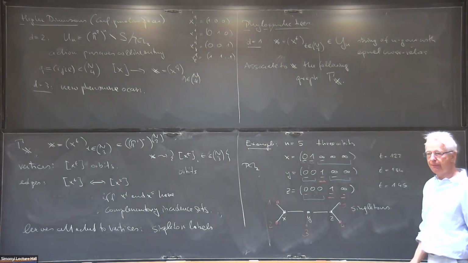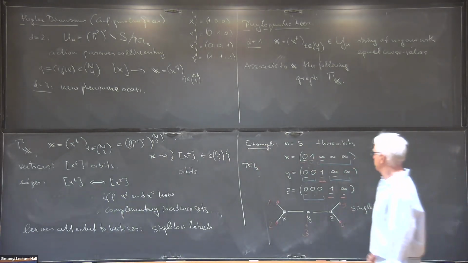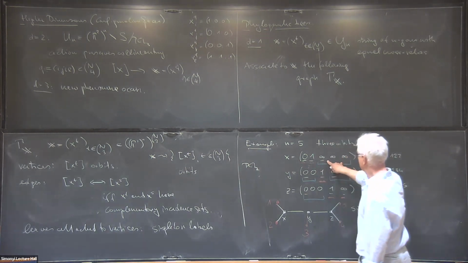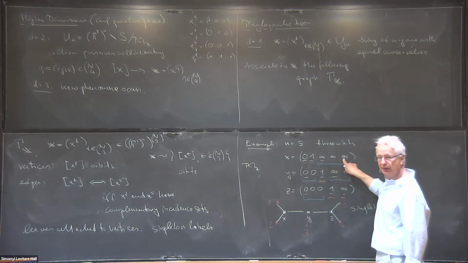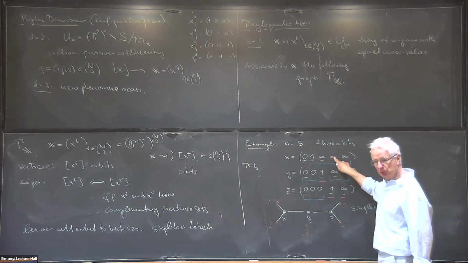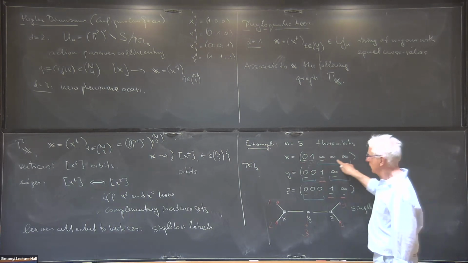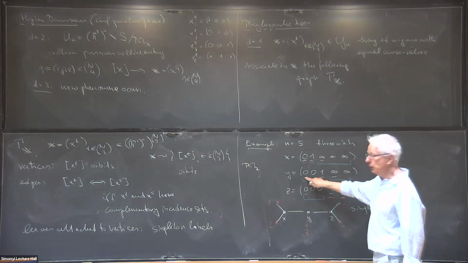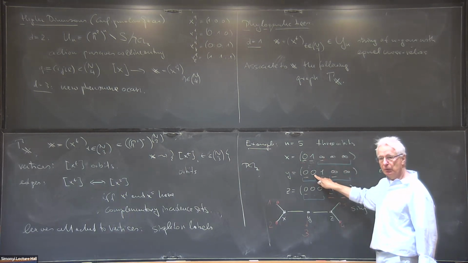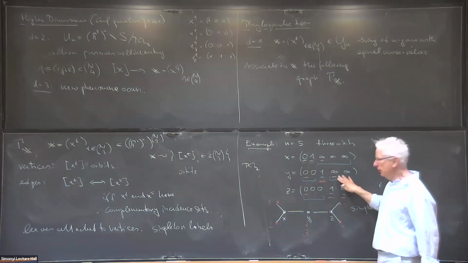Why are X and Y connected? What is complementary? Yes, I mean, here you have 4, 5, and 6. This is one incident set. Here you have 3, 4, 5, and here you have 1 and 2. You don't care about the 4, 5. No, this one goes with this one.